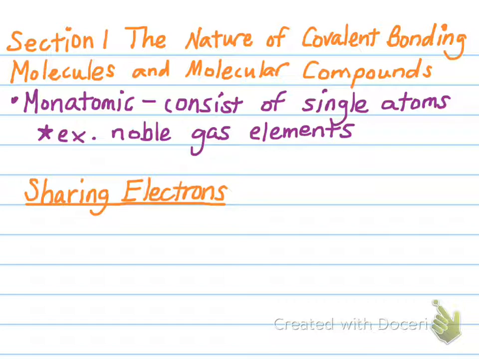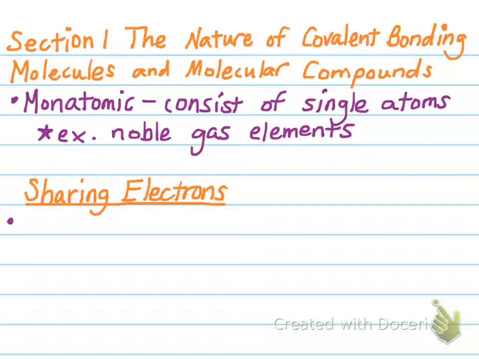So the difference between ionic bonding, which is what we've been talking about throughout chapter 15, and covalent bonding is that in ionic compounds you have a transfer of electrons, right? The cation is going to give up electrons, the anion is going to accept electrons. In covalent compounds and in covalent bonding, instead of transferring electrons, we're going to talk about sharing electrons.